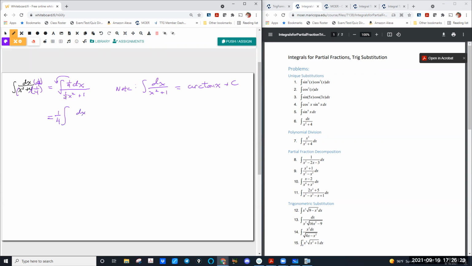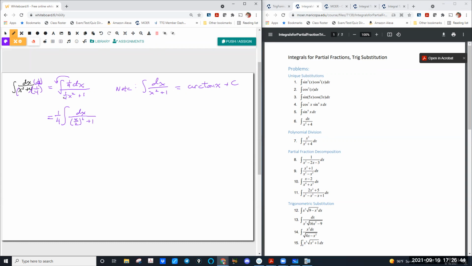This 1/4, I'm going to absorb into the square. All right, what do I mean by that? Well, I'm going to rewrite that as x over 2, the quantity squared plus 1. Now, I want you to think about this for a second.